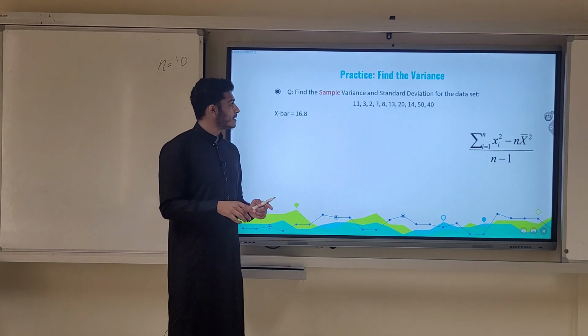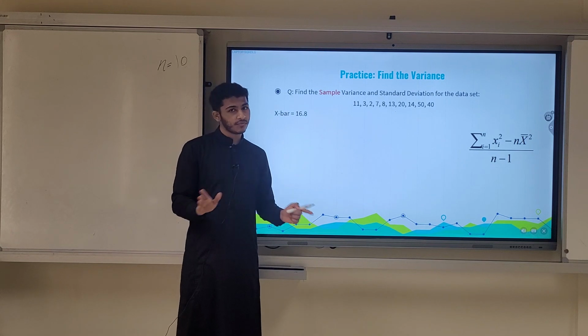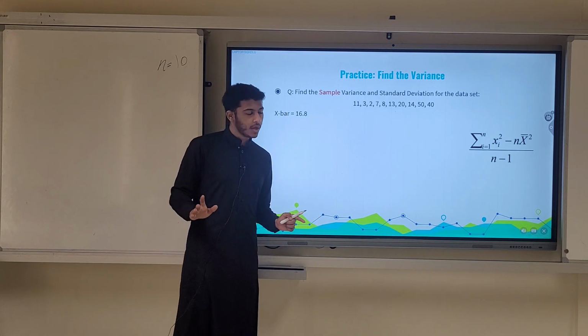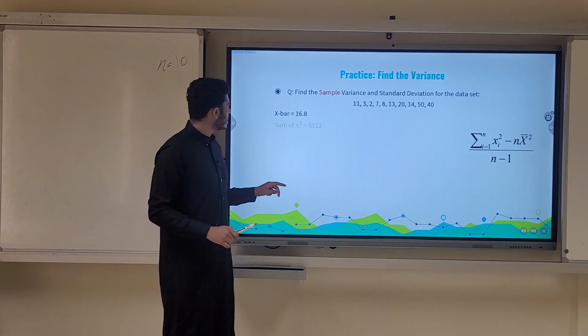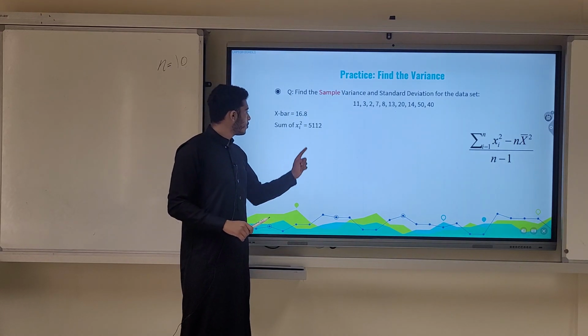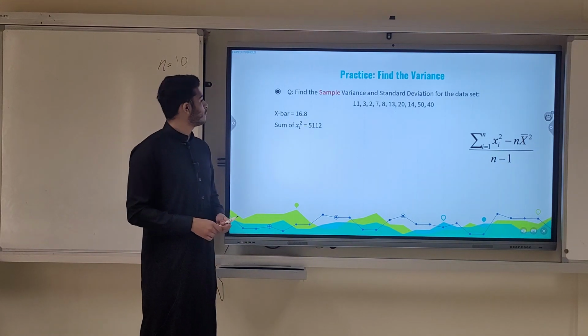If you add them together and then square the sum, you're going to get a totally different result, a totally wrong number. So if we do the process correctly, we should get this number, 5,112.